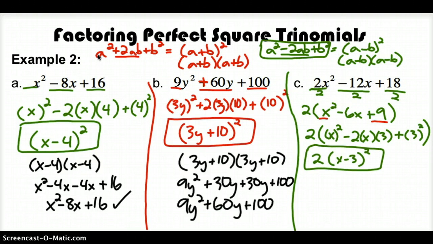Again, I could check this with FOIL, but I'll save you the check. You can see that some of these patterns might take a little bit of practice, but it's definitely going to pop up, especially when we start graphing these things. We'll want to know these perfect square trinomials because they have some specific phenomena when we graph them.